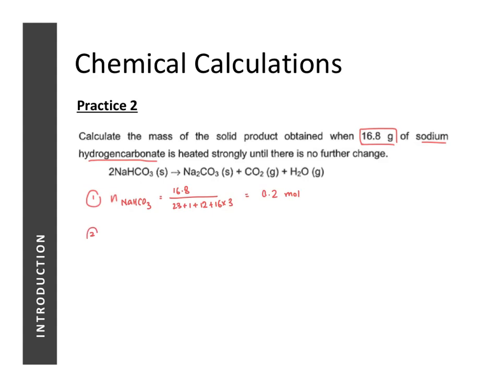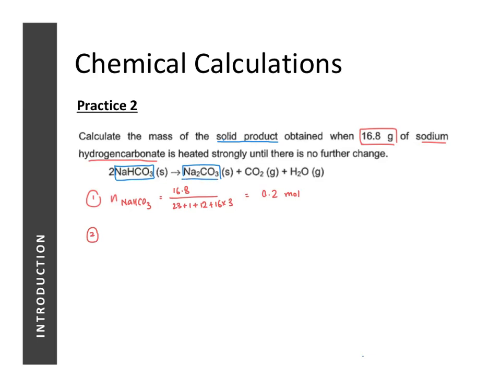Step 2 is to compare mole ratio. Compare mole ratio between what is given, which is sodium hydrogen carbonate, and what we need to find. So what do we need to find? We need to find the mass of the solid product. If you look at the state symbols of the products in the equation, the solid product means sodium carbonate.